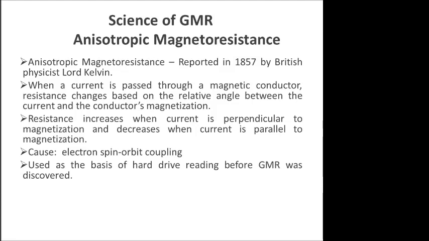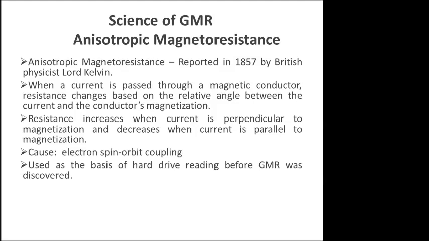The resistance increases when the current is perpendicular to the magnetization and decreases when the current is parallel to the magnetization. This is also a property associated with Ampere's law. When the current is perpendicular to magnetization, the resistance increases because both are in opposite directions, and when the current is parallel to magnetization, the resistance decreases because a high current is observed.